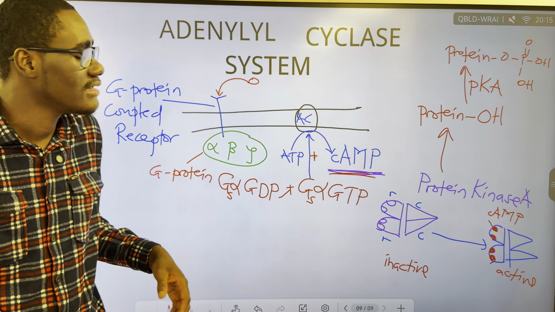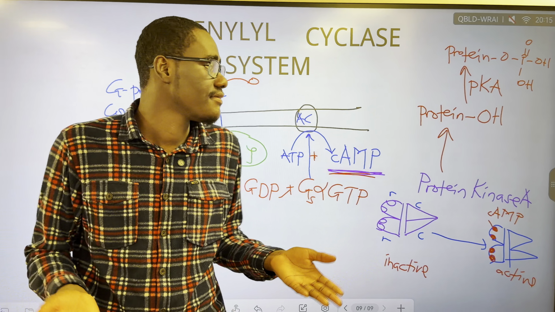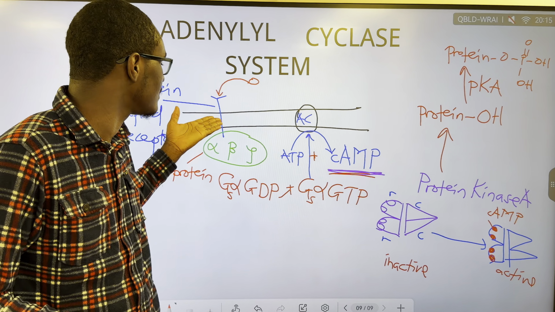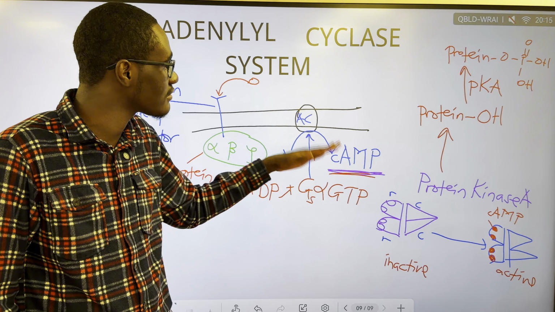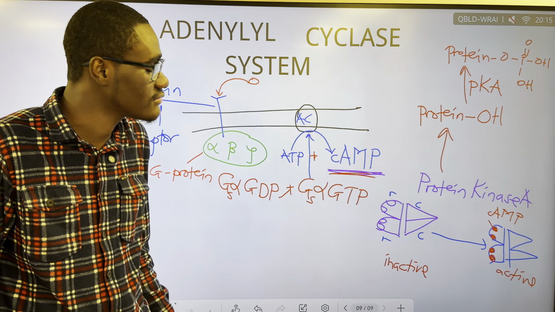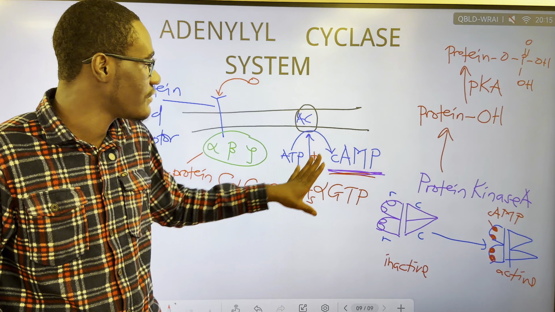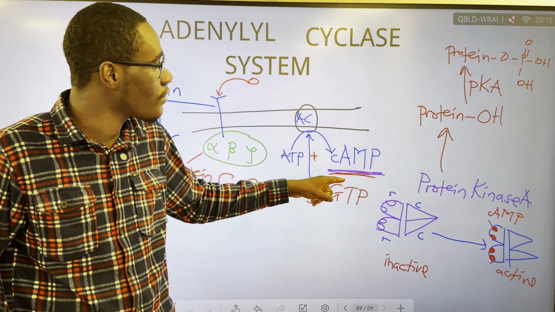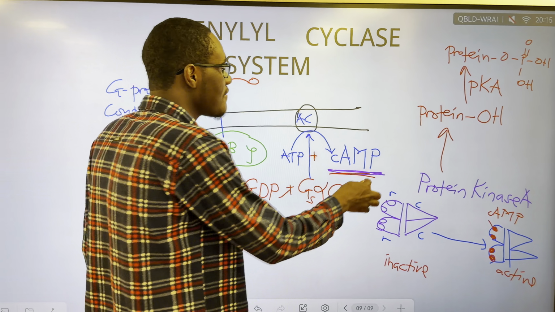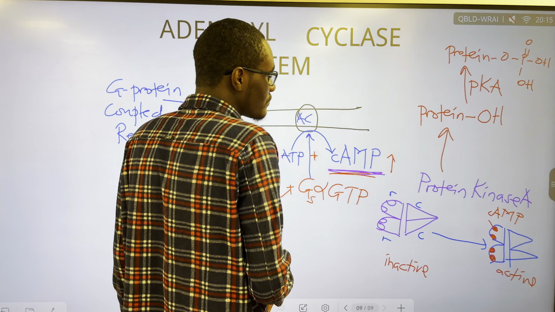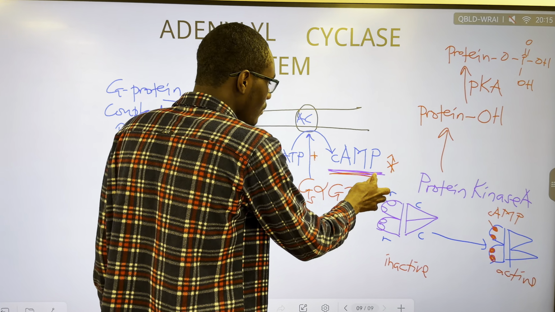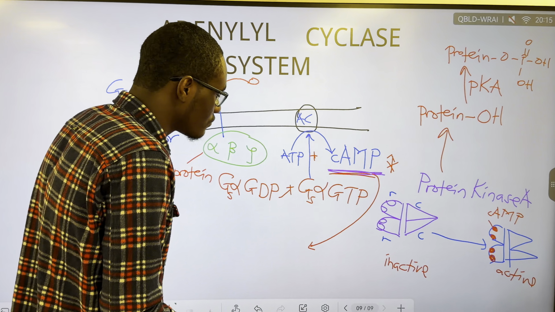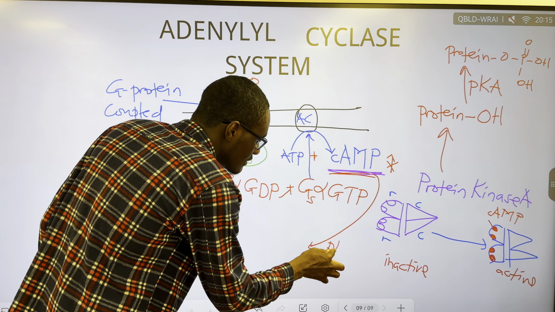One may ask, is this going to continue forever, after the signal attaches and the stimulated G protein activates adenylyl cyclase? No, there's a regulation. The cAMP levels are not always going to be up. There's an enzyme we call phosphodiesterase.